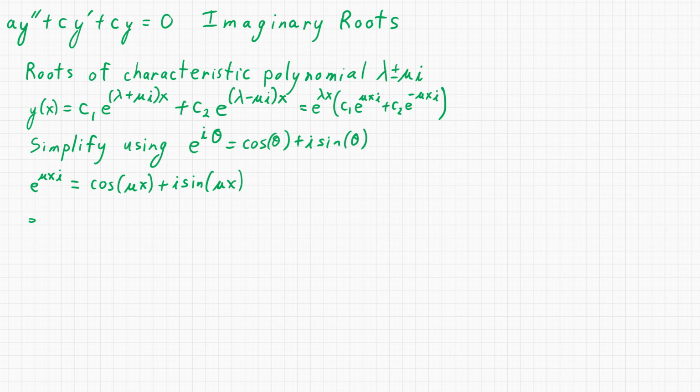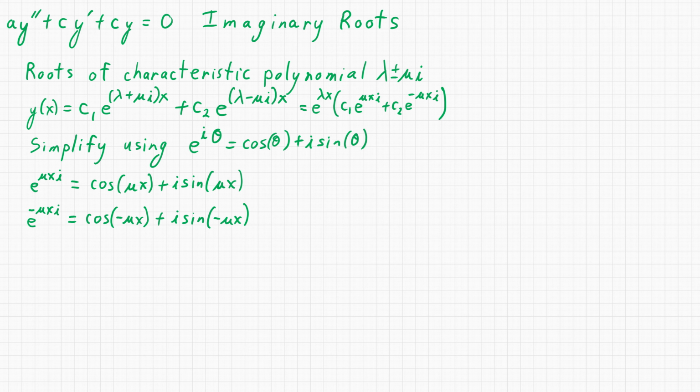What about e to the negative mu x i? That ends up being cosine of negative mu x plus i times sine of negative mu x.